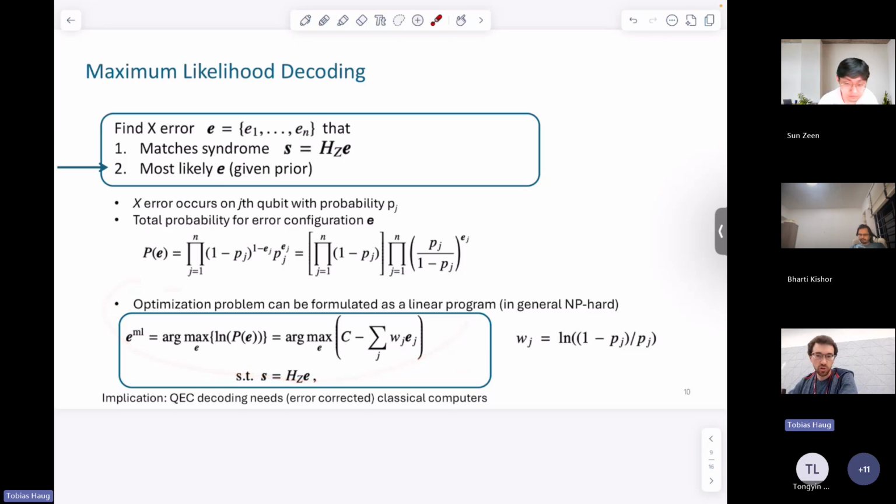So in order to do decoding, we necessarily need error correction. Quantum computers always need classical computers together. You cannot have an error corrected quantum computer without a good classical computer. This is, I think, the big irony in quantum error correction: to run a quantum computer, there always needs to be some kind of classical computer that works for us.